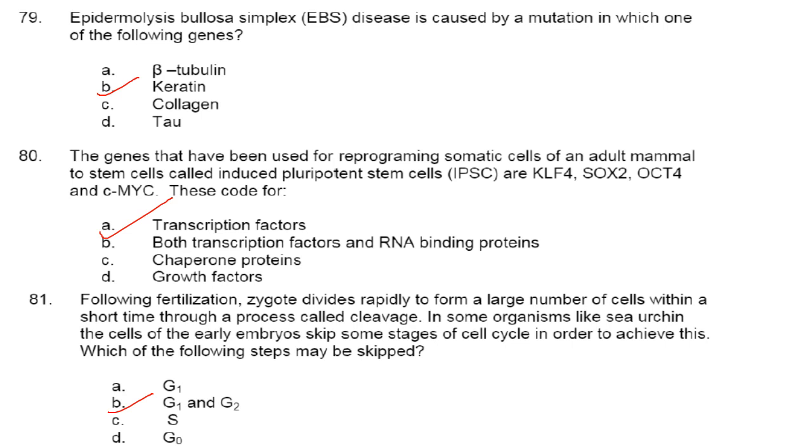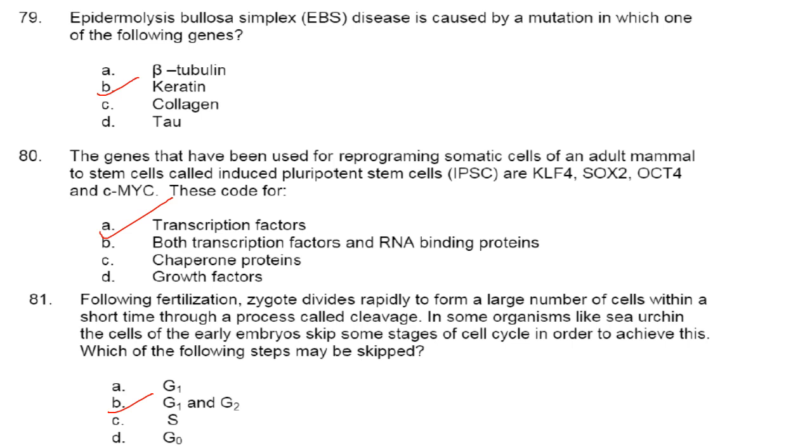Next one. The genes that have been used for reprogramming somatic cells of an adult mammal to stem cells called induced pluripotent stem cells are KLF4, SOX2, OCT4 and CMYC. These code for.